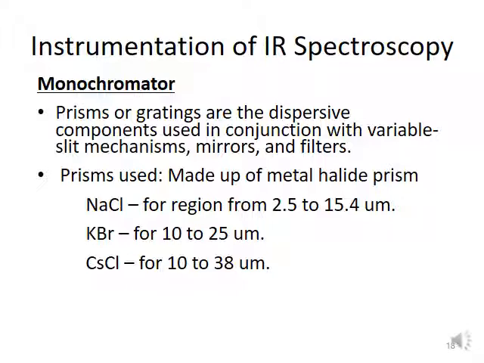It actually consists of a prism or gratings, which can make the infrared light disperse, and they use slits, mirrors, and filters. But in infrared spectroscopy, the prism is made from a metal halide, like sodium chloride, potassium bromide, and cesium chloride.